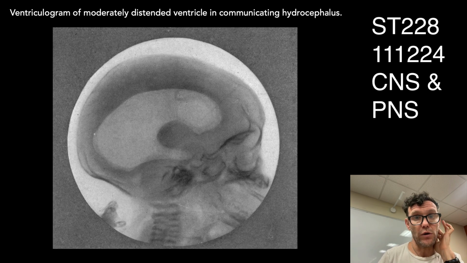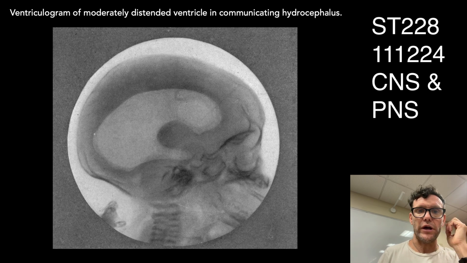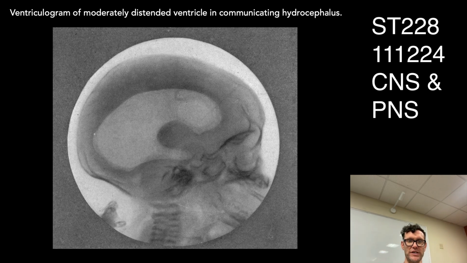Here's another ventriculogram of a really distended ventricle in what's called communicating hydrocephalus. Communicating meaning that it's kind of blown out the walls between the two ventricles, so there's just one giant cavernous space in the brain. And these are old pictures, from like 1920 or something like that.